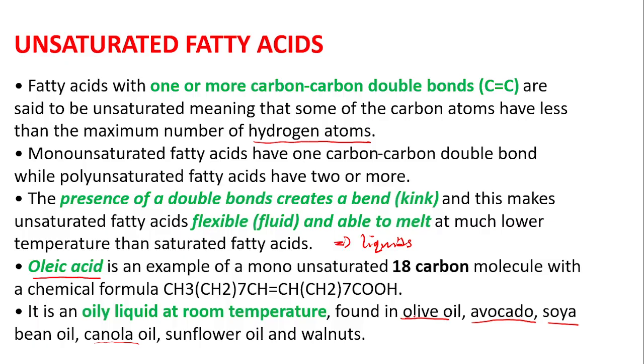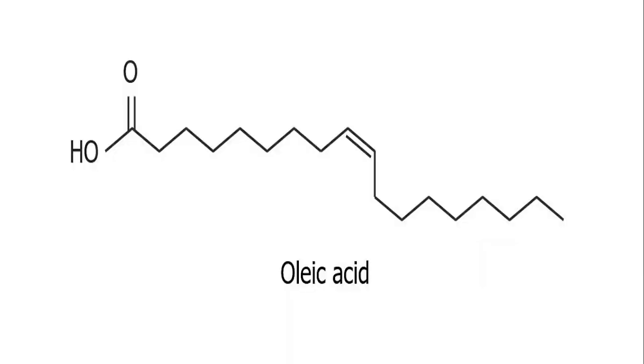Most of them, let's say avocado, have a lot of health benefits. Soya beans have a lot of health benefits. Even sunflower oil has a lot of benefits as compared to the previous ones which I've already mentioned.